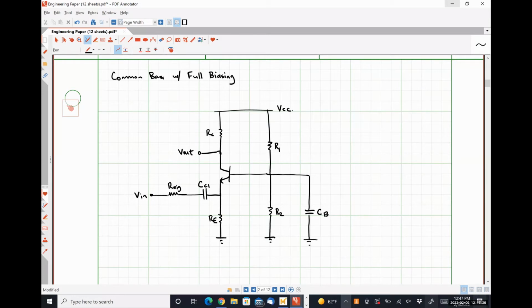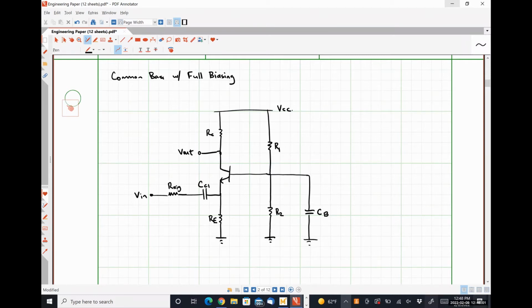So what does this capacitor CB actually do here? Why is it included? It shorts the base to ground, but it also shorts out resistor R2 and resistor R1, so that we don't have any base resistance actually applied at all. From our previous examples, we saw that the presence of base resistance tended to actually lower our voltage. We'll do an example probably in a minute that shows that.